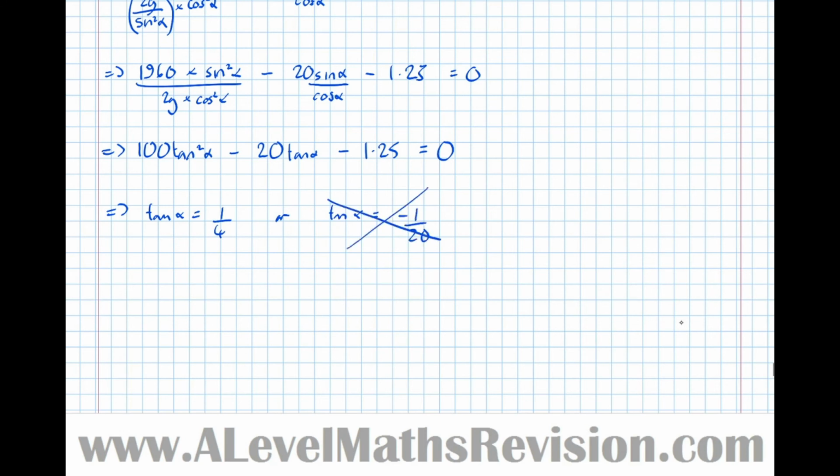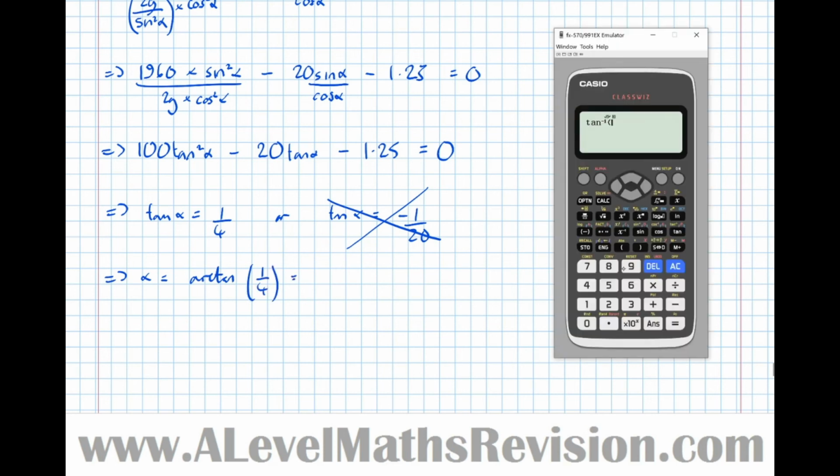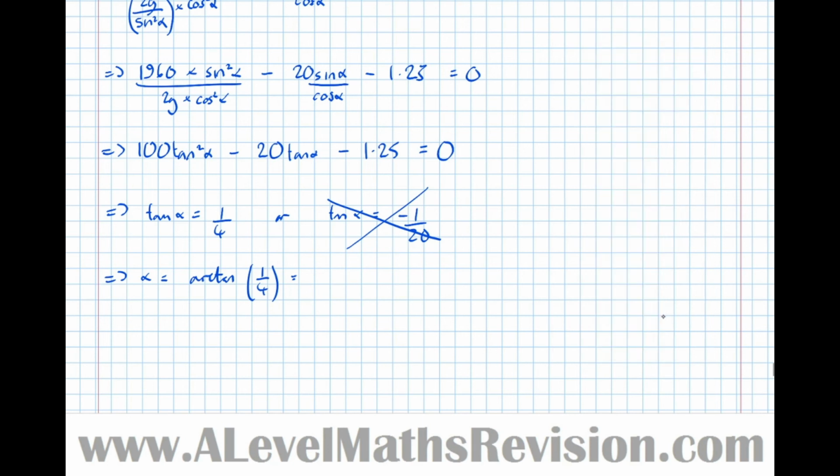Well, actually we can discard that because we're not going to project it in a negative angle. Right, so tan alpha is that, so the angle alpha equals arctan of a quarter, which equals 14.04 degrees.